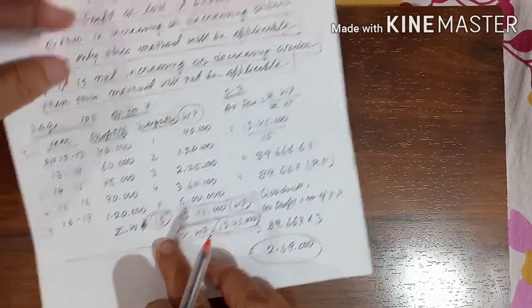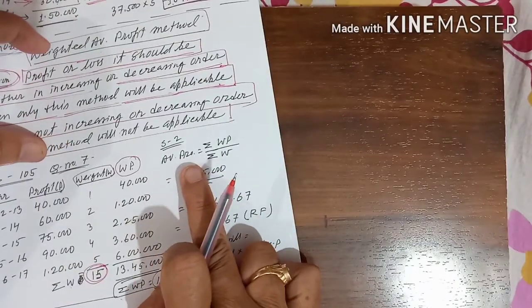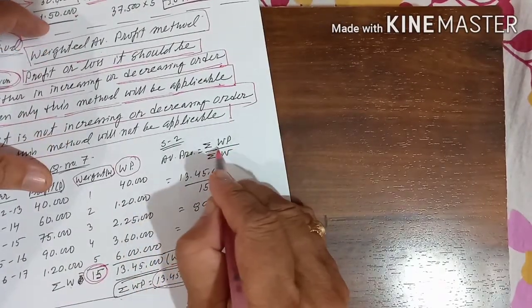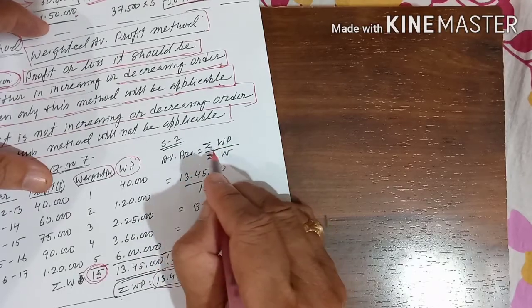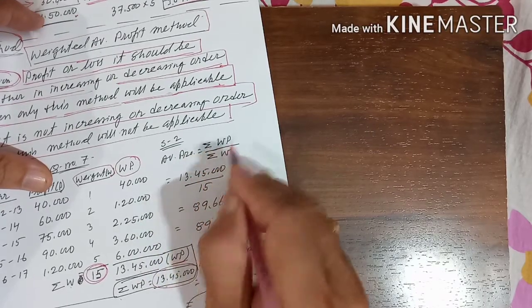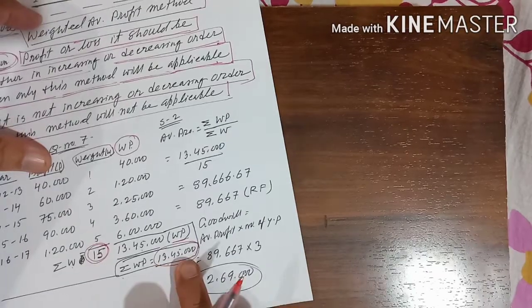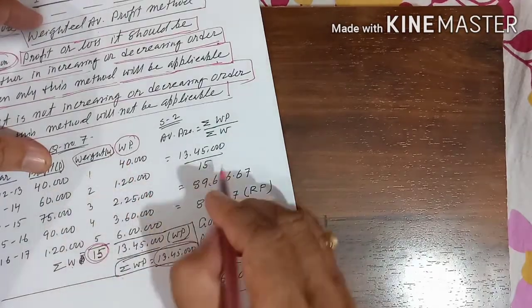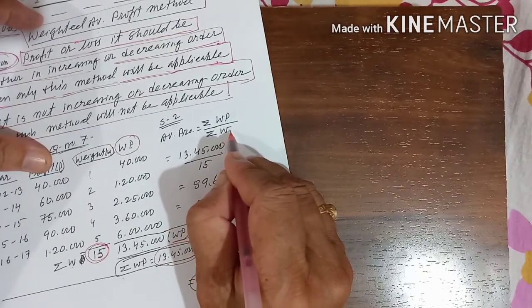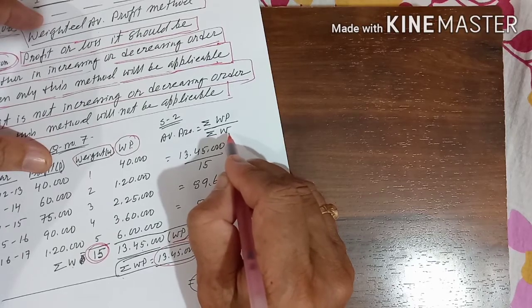This is the first step. Second step, the average profit. Average profit means sigma WP by sigma W. Sigma means total. WP total is 13,45,000, and sigma W here is the total weight.